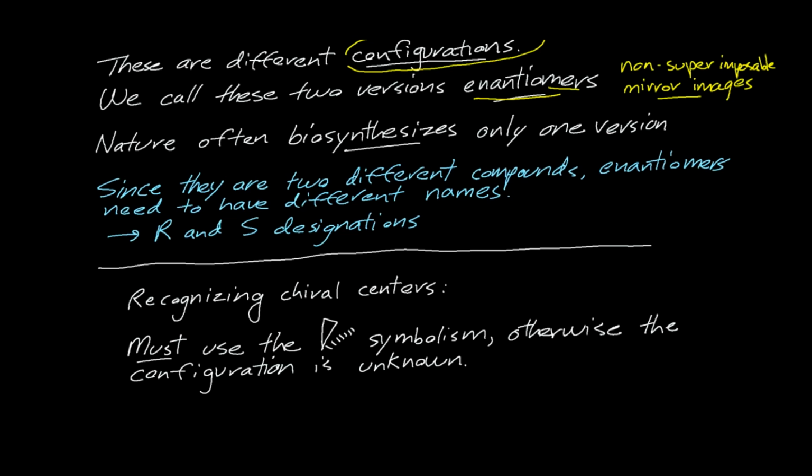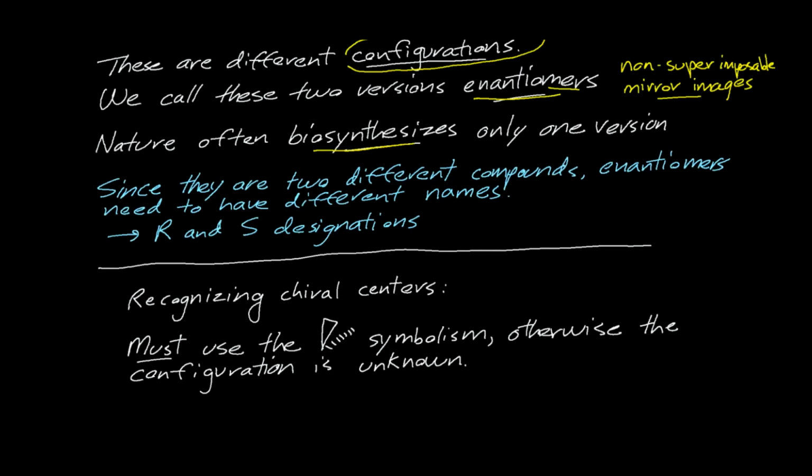And it's interesting that it turns out that they're mirror images of each other. When nature makes molecules, it's through the process of biosynthesis. Nature often biosynthesizes only one enantiomer, or one version of the molecule.